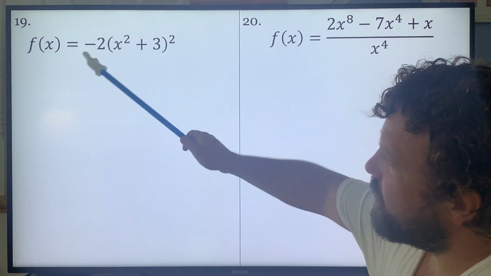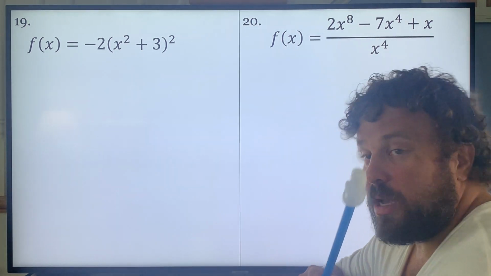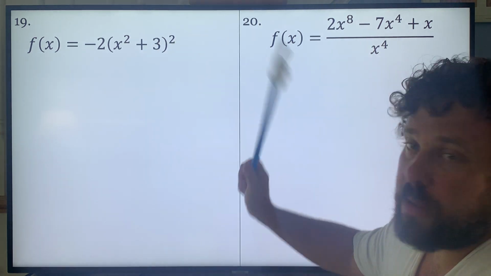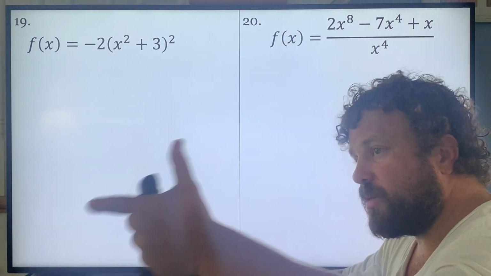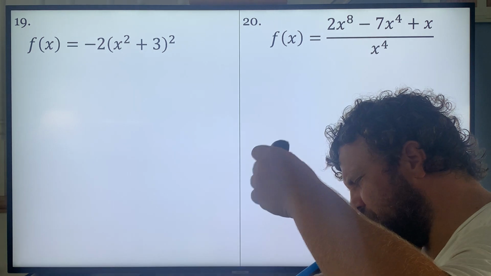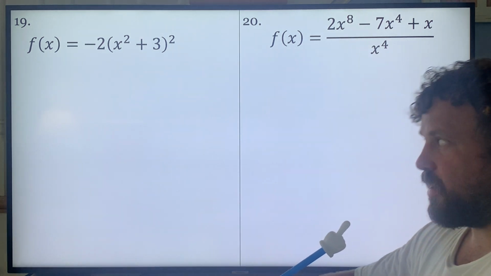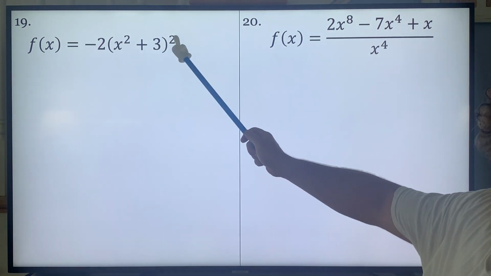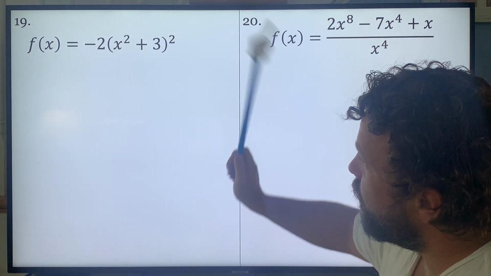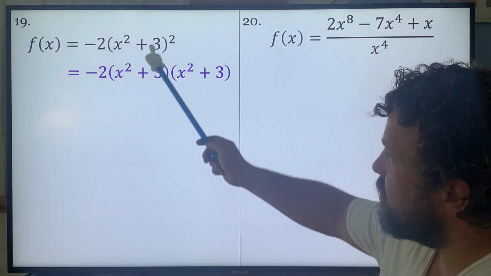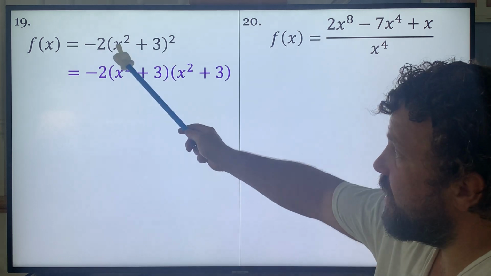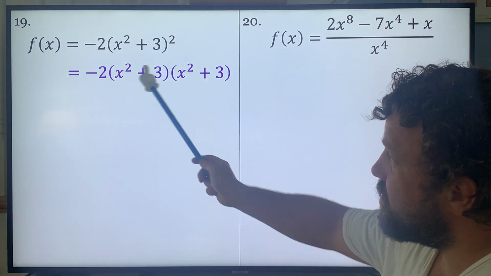All right, so first step here is you don't say distribute, because look at that. Remember PEMDAS, parentheses, exponents, multiplication, division, addition, subtraction, right? Exponent. You have to FOIL that piece first, because when you square this, you're multiplying by itself. It's not x to the 4th plus 9. It's all of this.